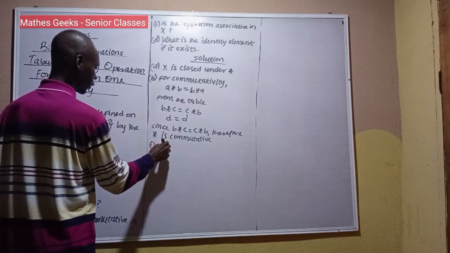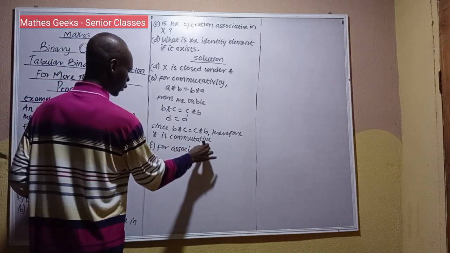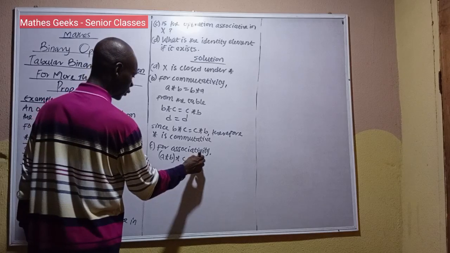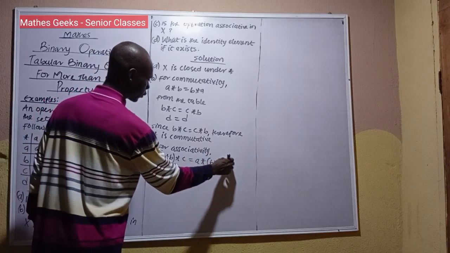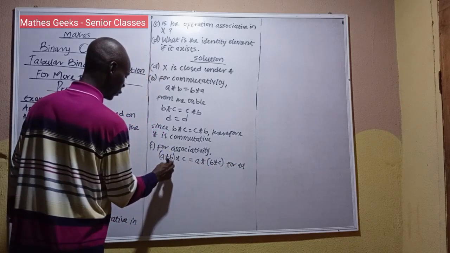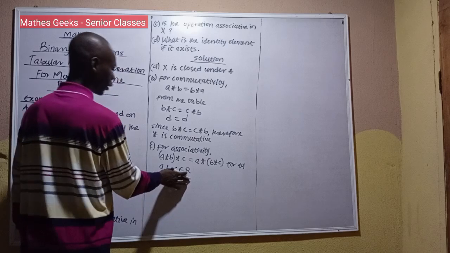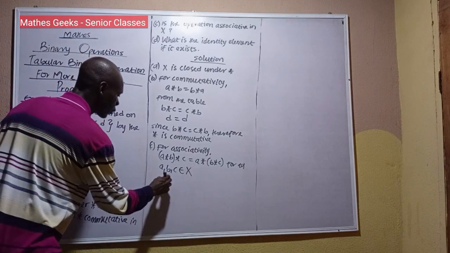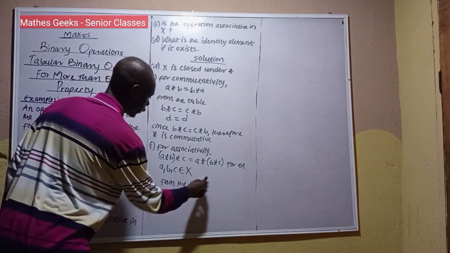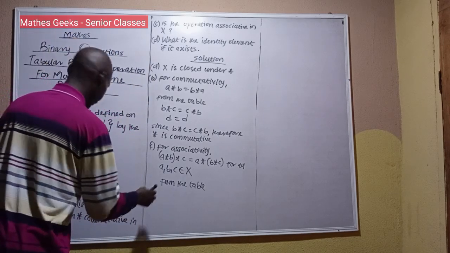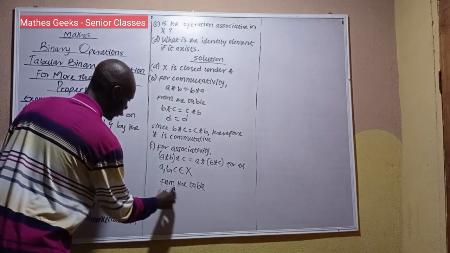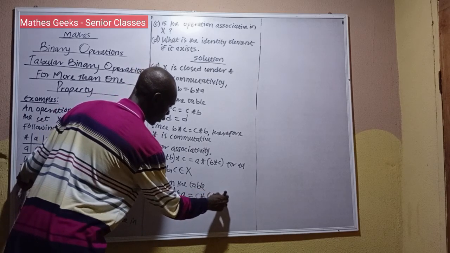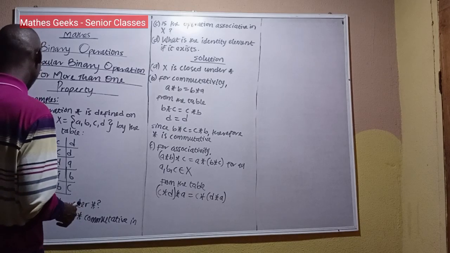C, for associativity, A star B star C should be equal to A star B star C for all A, B, and C members of the set R. Can be any set R, but in this case I'm going to say members of the set X. So from the table, we use this is C star B star D. So C star D, what is it?